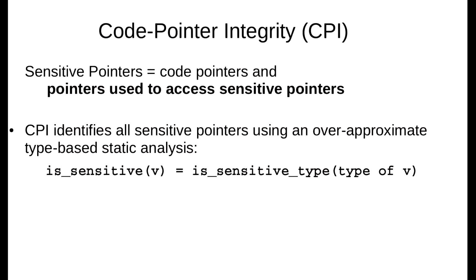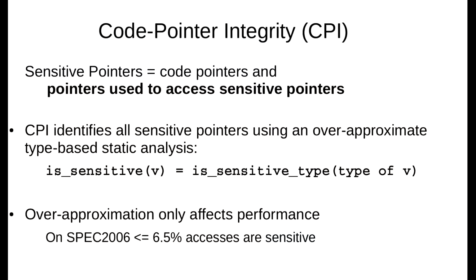We could identify individual instances of safe sensitive pointers, but we do an over-approximation, which does not lower security, but might increase overhead. Instead of protecting individual instances, we protect types that we identify and deem to be sensitive. So it's an over-approximation, which is safe.